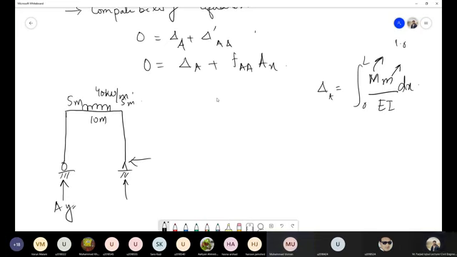AY. And what will be this BY? 200. What will be this BX? How much? So 0, sir. Yes. So this is x1. So what will be the moment equation for section 1?